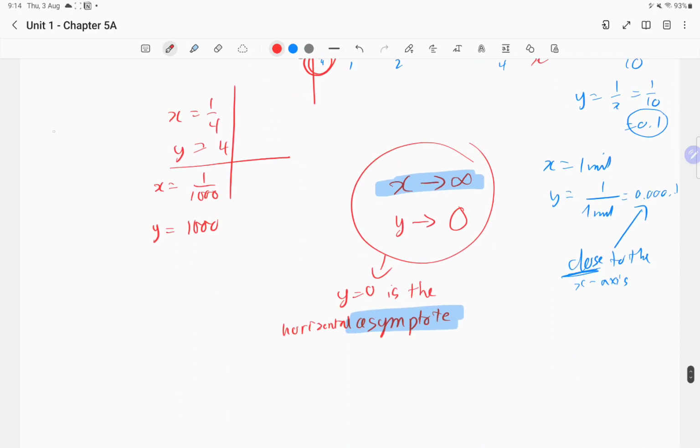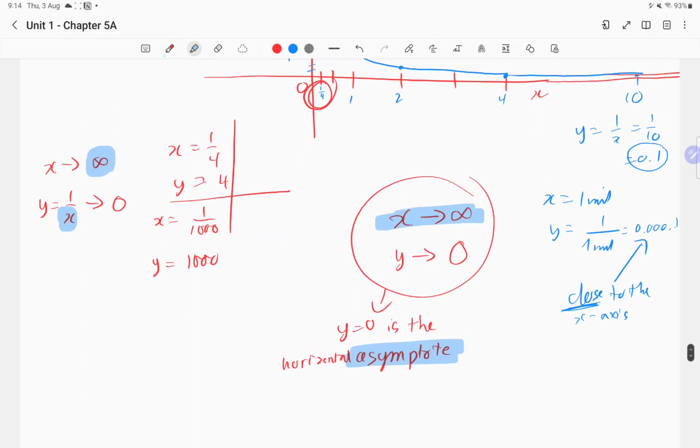Because as x tends towards infinity, y would be 1 over x, and this would tend towards 0. Because when x is a really large number, 1 divided by a large number is really close to 0, but it is still not 0. And as x tends towards 0, my bad, y would be 1 divided by a really small number.